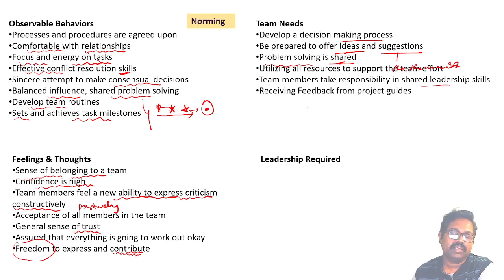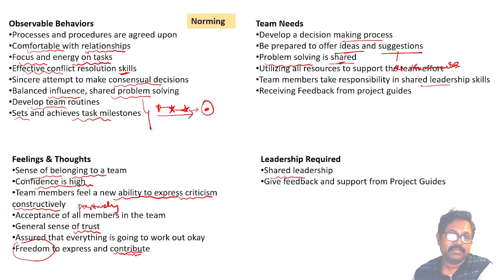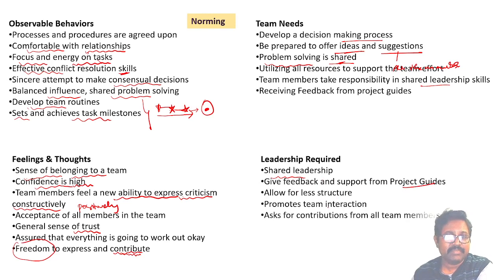And what will be the responsibilities of leadership here? It is the stage where there will be development of shared leadership skills, and they give feedback and support from project guides, and they allow for less structure and promote team interaction, and also ask for contribution from all the team members.